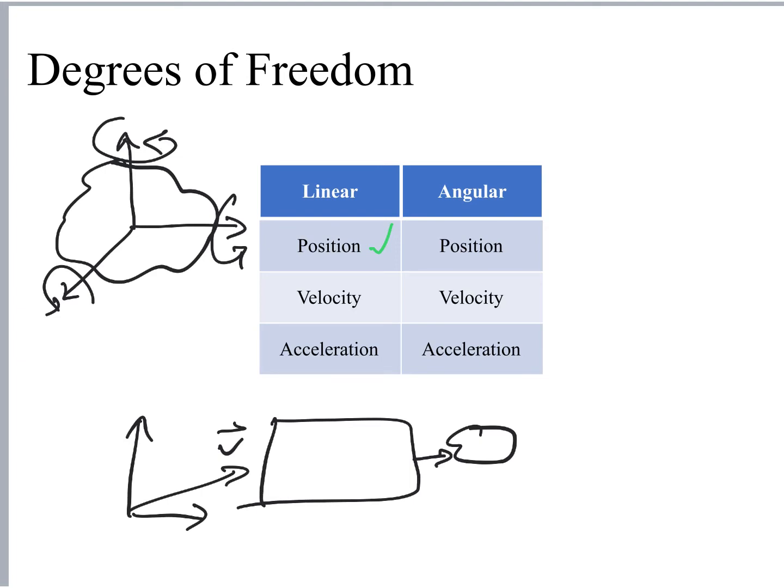Velocity gets a little bit more challenging. It's effectively the same problem. So we have some reference frame here. That's our global, and then we've got some object that's moving.